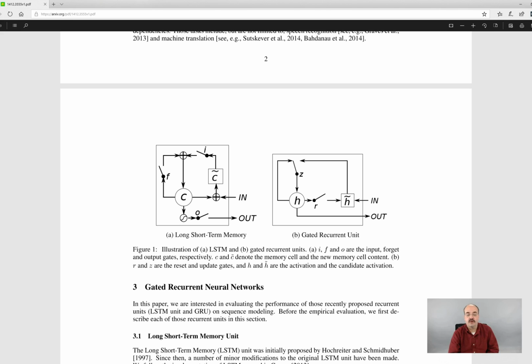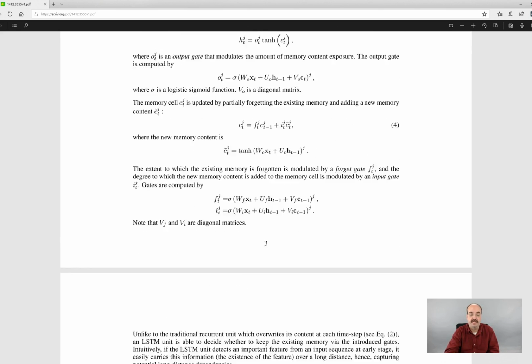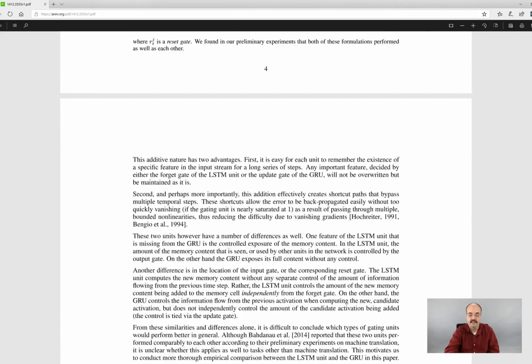In the GRU, you just have 2 gates, R and Z. So it's a simpler algorithm, and since there's another gate missing, it requires much less computation time.